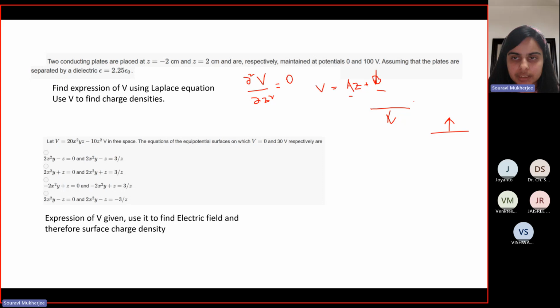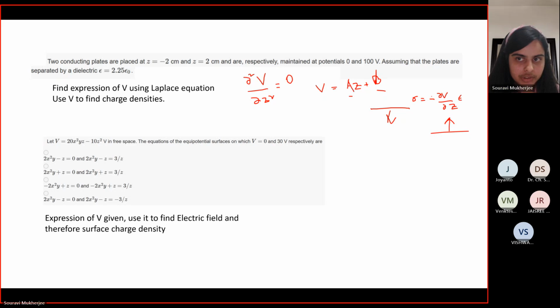If I write the expression, it will be something like sigma is equal to minus of del V del Z into, there's an epsilon naught here. Sorry, I just missed it. So there's an epsilon naught, and there will be an n. The normal has to be considered because this has a direction.